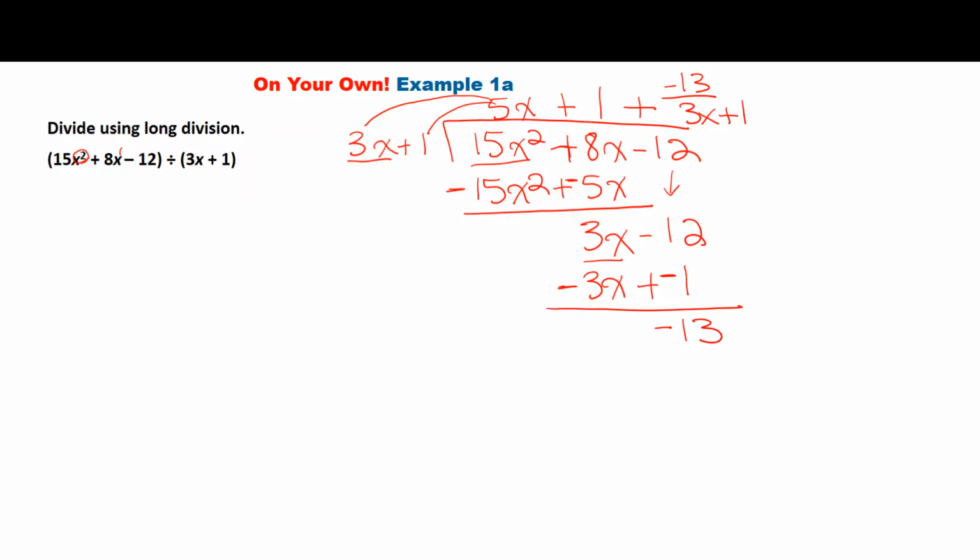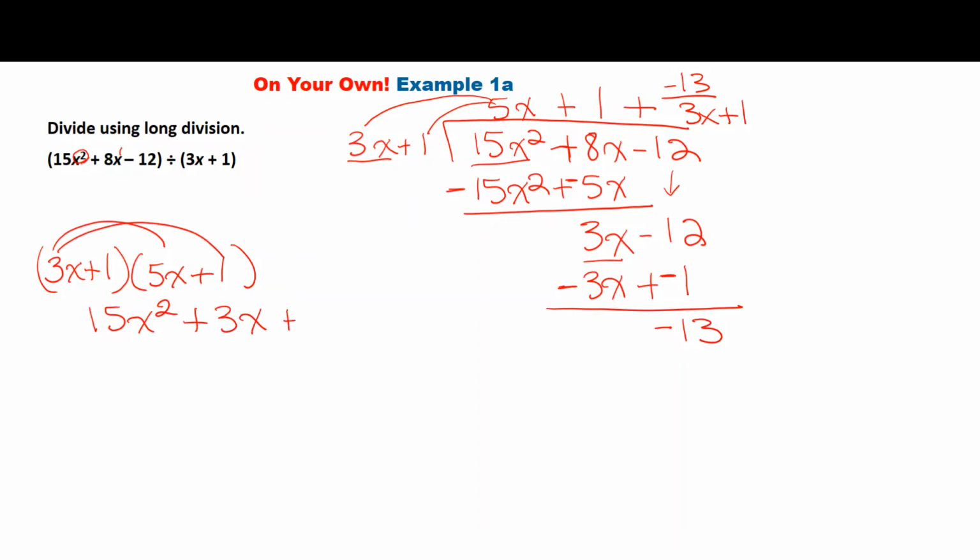Now, that's our final answer, but we always need to check and make sure that we did everything correct. So let's go ahead and multiply the two together. 3x plus 1, okay, so times our 5x plus 1. And this is simple foiling. 3x times 5x is 15x squared plus 3x times 1 is 3x.